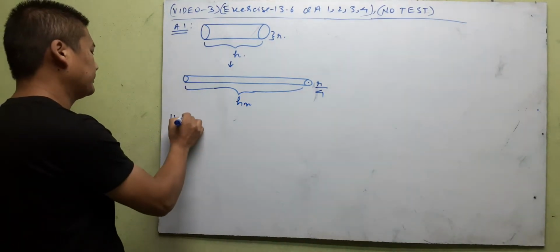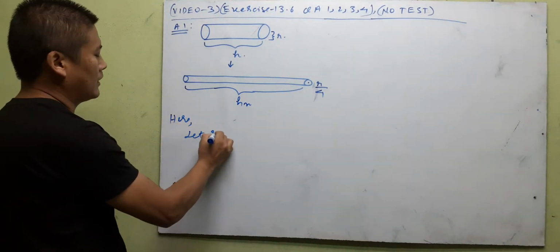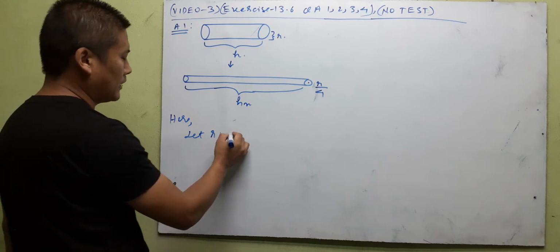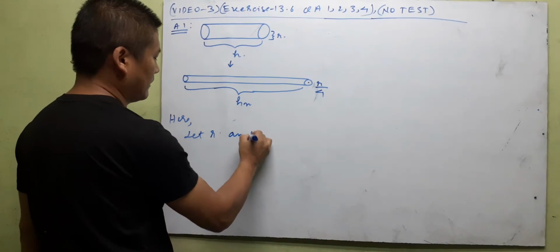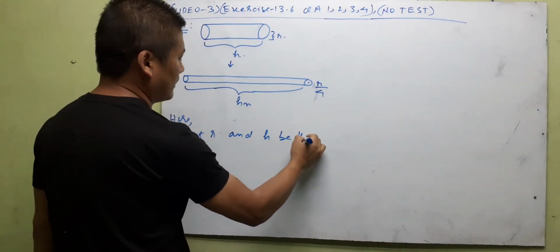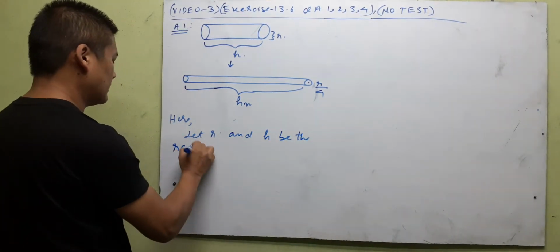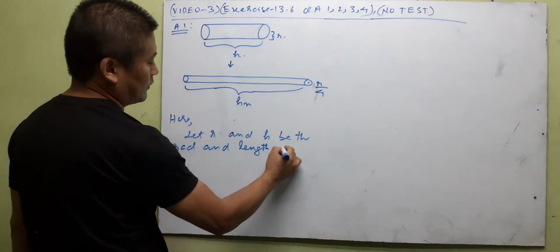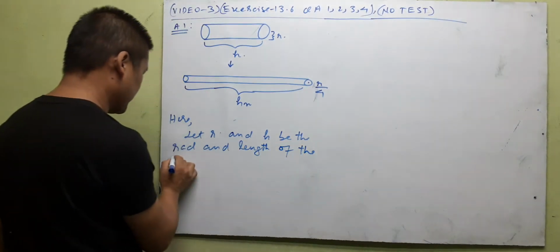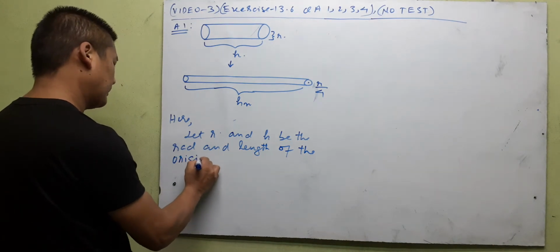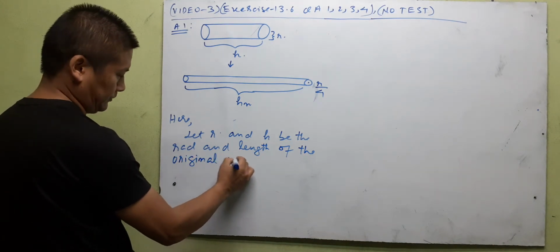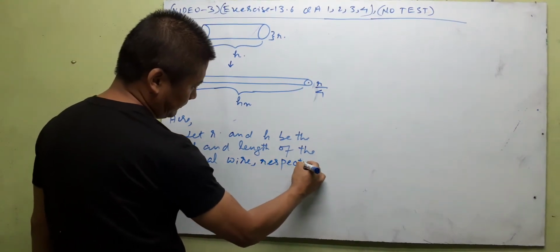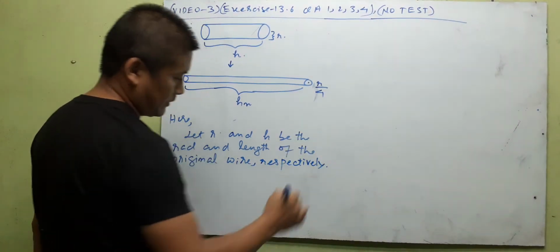So here let R equal to R and H be the radius and length of the original wire, let us say respectively.